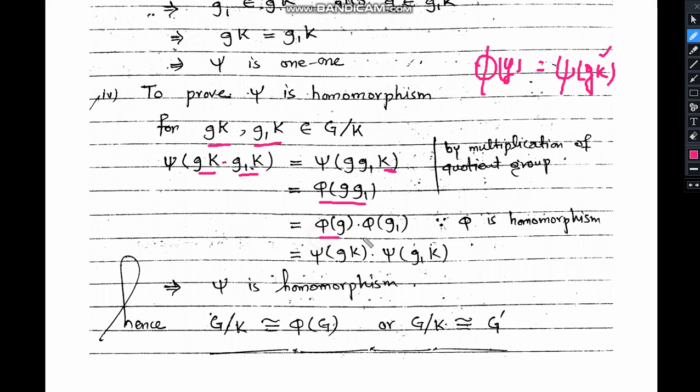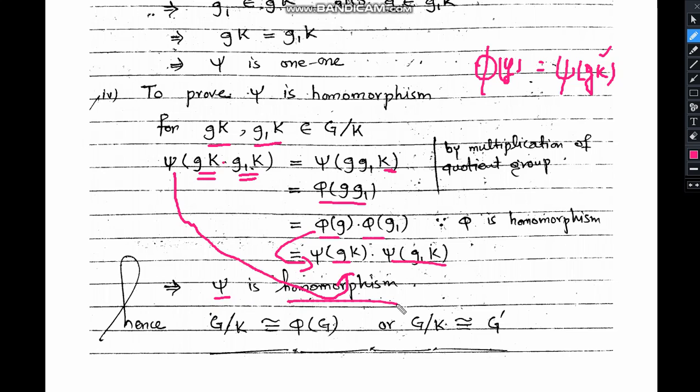Again we are applying the definition of homomorphism. Again we are replacing the definition of phi in terms of psi, so this k will appear here. So here we are seeing that if we want to find the image of the product of two elements, then it will be equivalent to the product of their images. So here this psi is also a homomorphism.